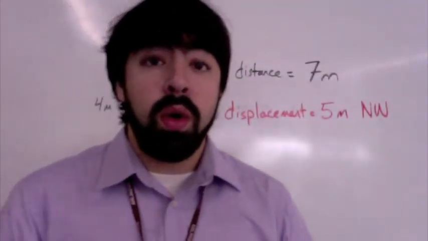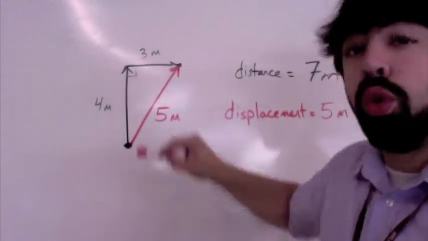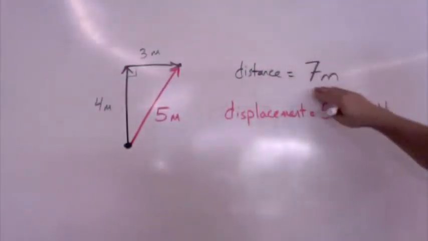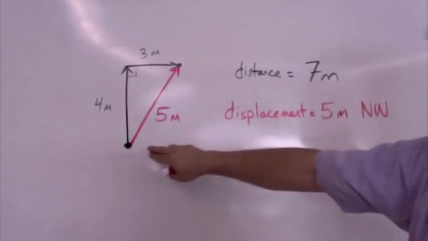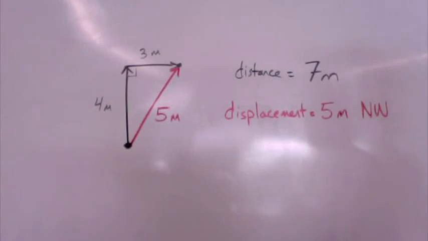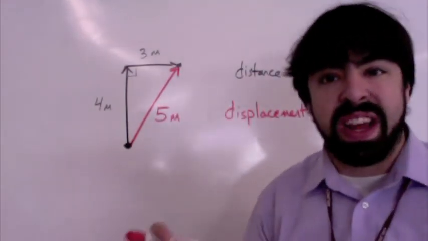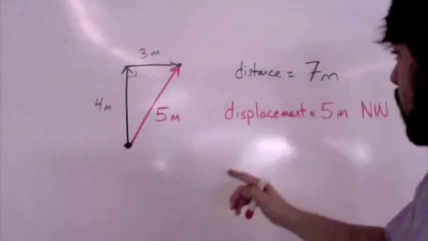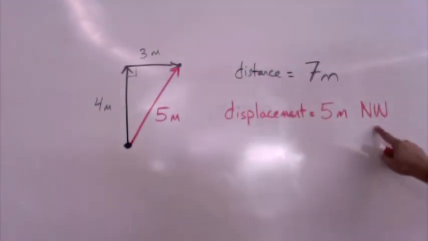So do you see how with the scalar of distance, it's the sum of the total ground covered, and it's just a magnitude. How much? The vector quantity of displacement is how far relative to your origin in a straight line over. 5 meters in this instance. And which way?